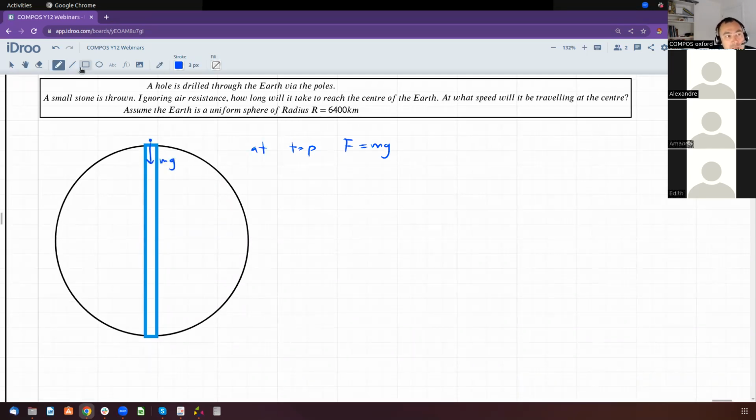Let's try to imagine how this force changes with x. Let's say this is the x-axis, this is the 0 on the x-axis, and this is minus r and r.